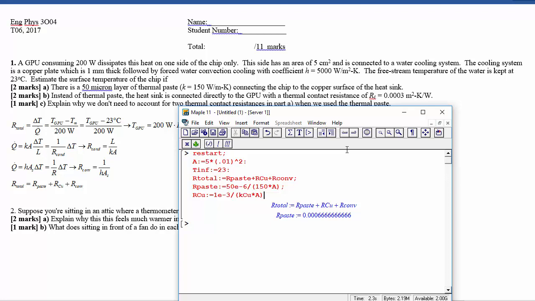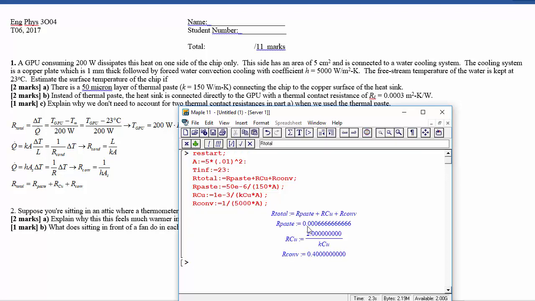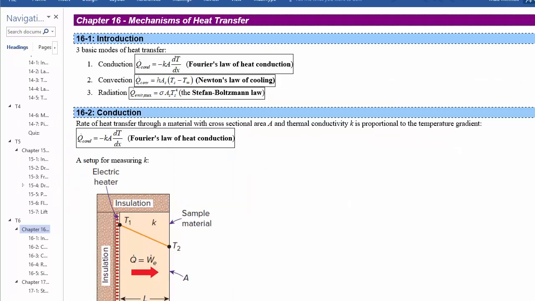No. So we're going to have to go back to the textbook to figure that out. And the convection part is equal to 1 over h times the area, and the convection coefficient is 5,000.